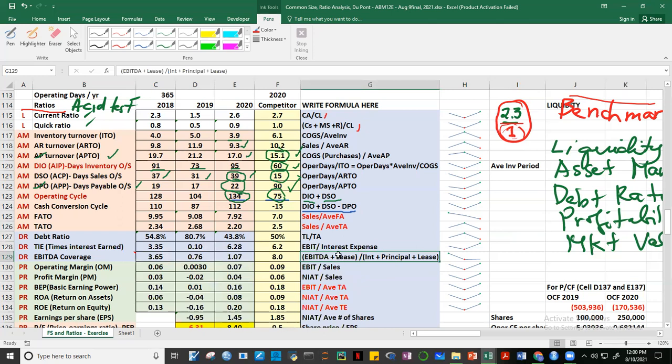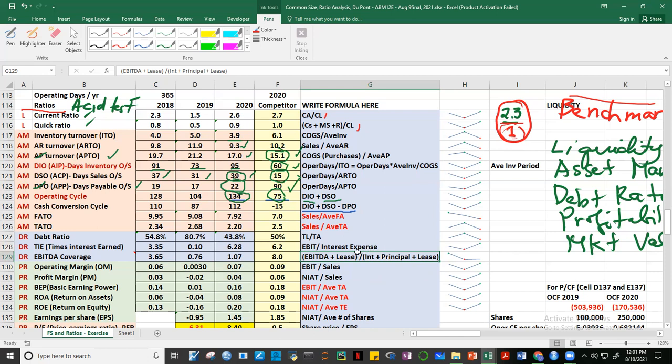But there are two types of lease, operating lease and financial lease. So you'll learn that when you go to college, guys, yung treatment ng lease. But just to suffice, guys, yung formula ng EBITDA coverage, ipapasok natin si lease sa numerator at saka lease sa denominator. Now, since we don't have lease payments, so i-ignore lang natin yan.